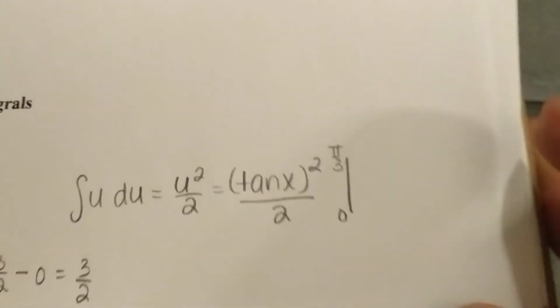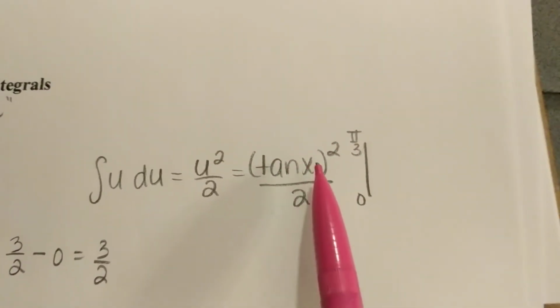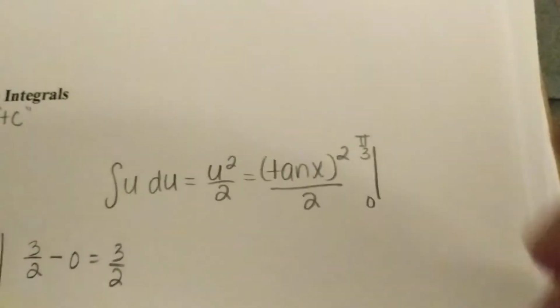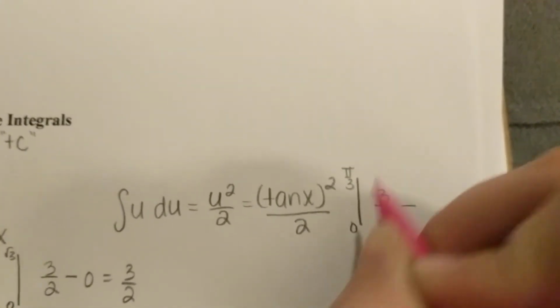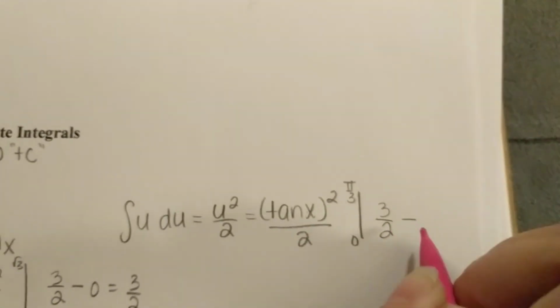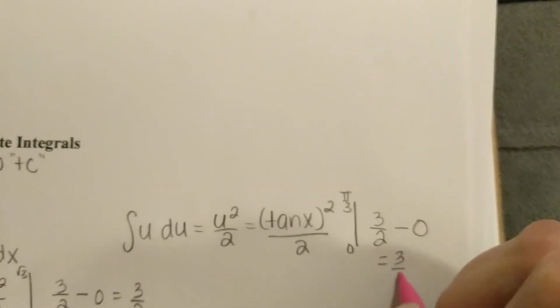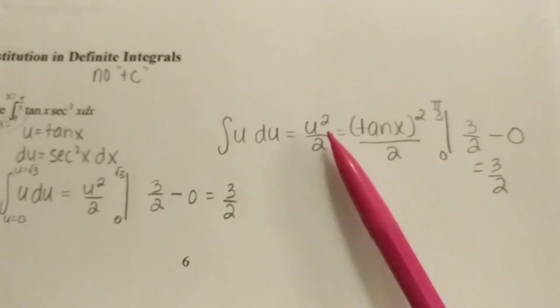So now I would plug in my values. Plug in pi thirds. Tangent of pi thirds is square root of 3. Square root of 3 squared is 3. And then I'd plug in 0. Tangent of 0 is 0, so 0 over 2 is 0. Either way, I get the same answer. It does not matter which way you do this problem.